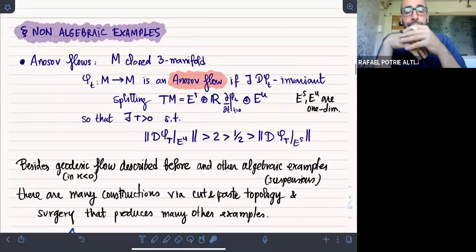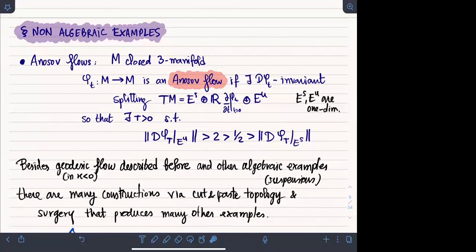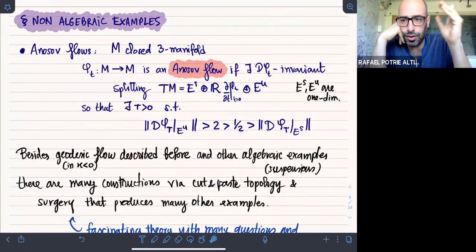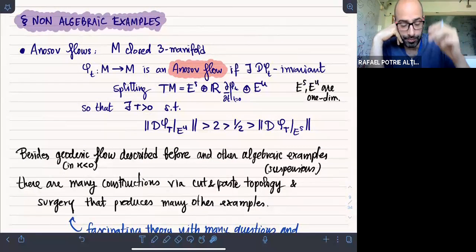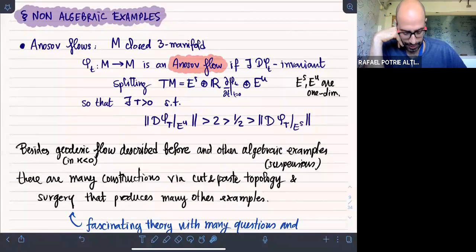So the first family of examples that comes to mind is the family of Anosov flows. And since I'm restricting to three dimensions, I will start by doing it from the very start. So we'll consider a closed three-manifold, and if we have a flow on the manifold, we will say it's an Anosov flow if it verifies this property.